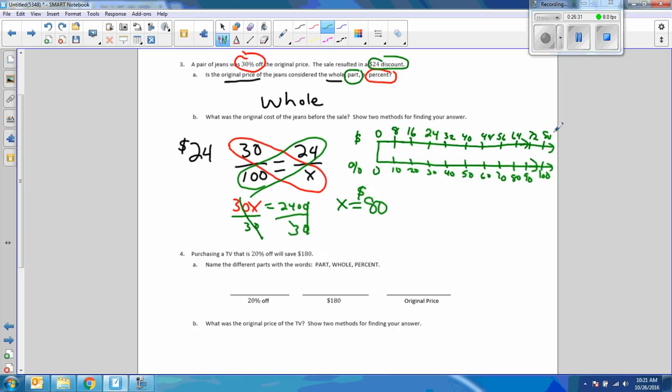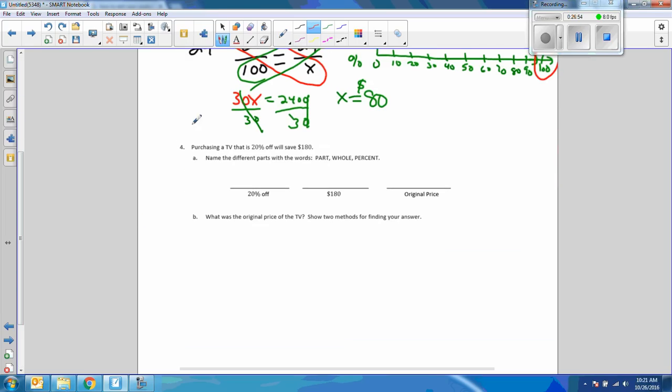Okay. Now we just have to answer the question. We wanted to know what the price was. So that's 100%. 100% of the price was $80.